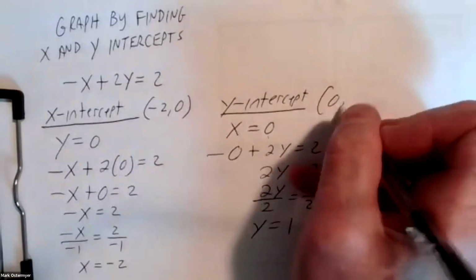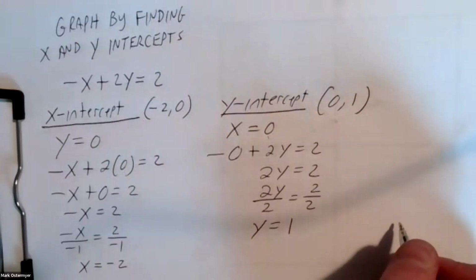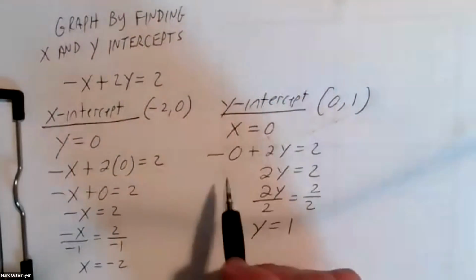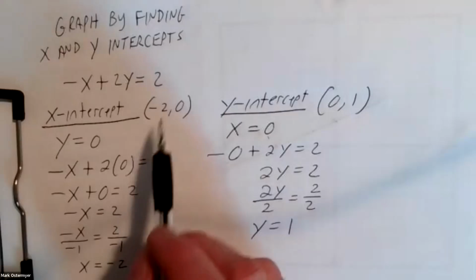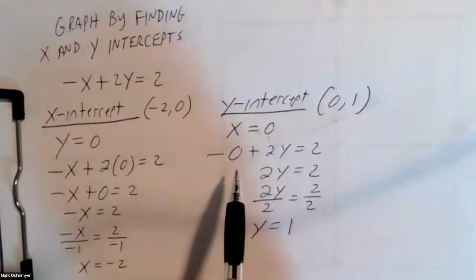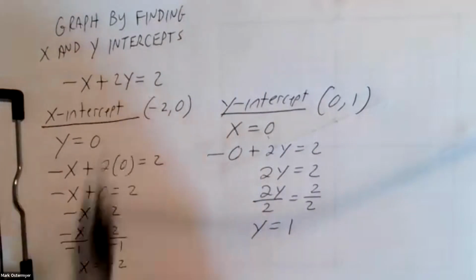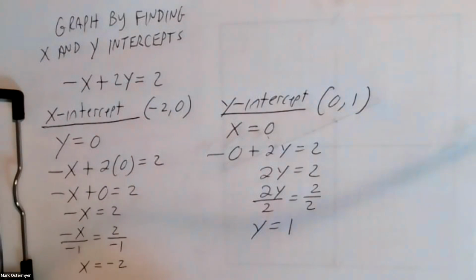So my y-intercept is (0, 1). Now that I have my x and y intercepts for this linear equation, I should be able to plot these two intercepts and put a line through them to graph this linear equation. That's all there is to it. So let's take a piece of graphing paper here and see if we can graph that linear equation.